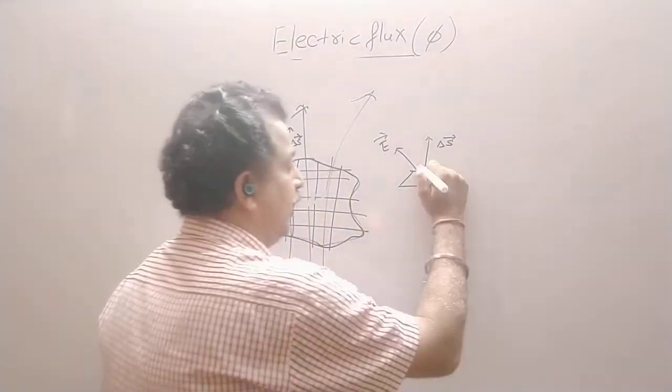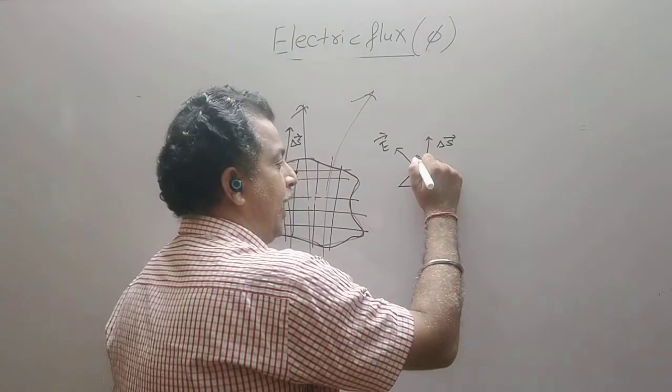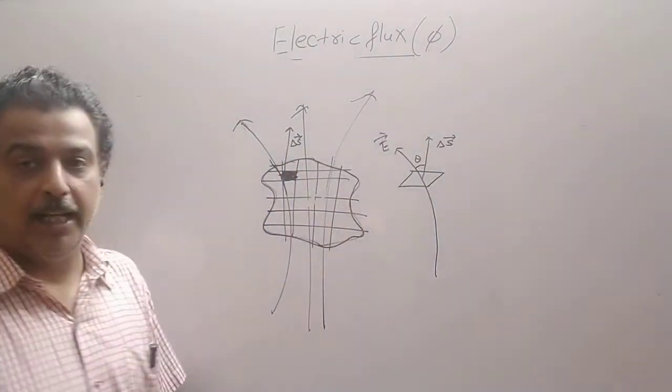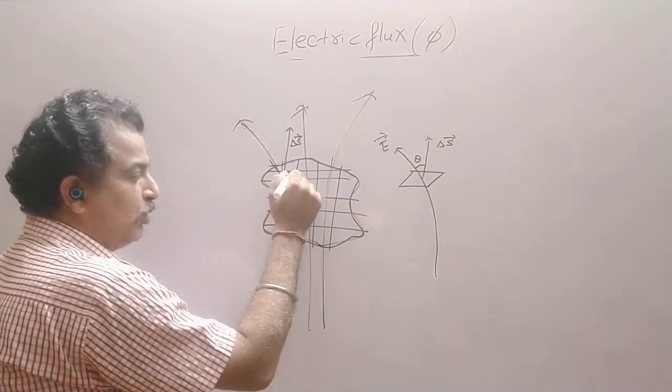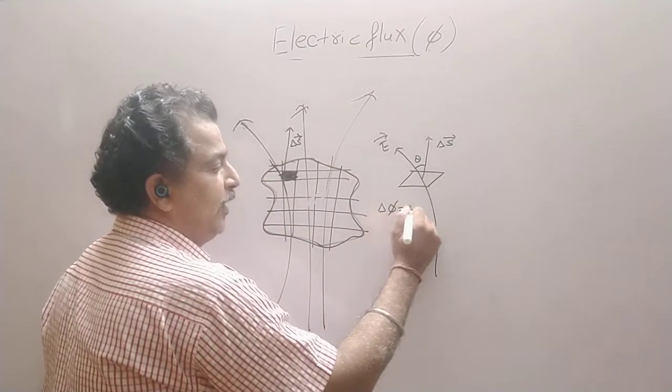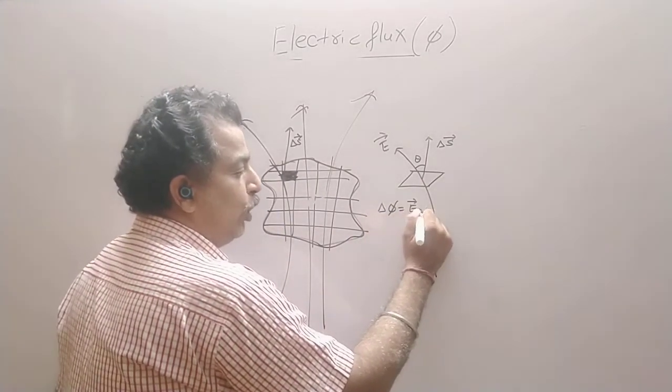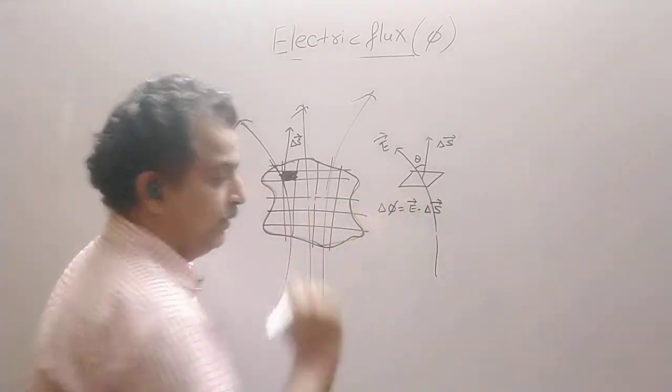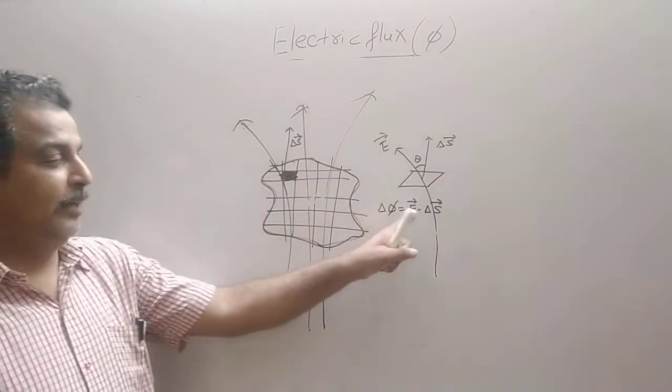Now this is clearly the angle between E vector and delta S vector. So for this small area element, delta phi can be written as E dot delta S. This is for a small element.